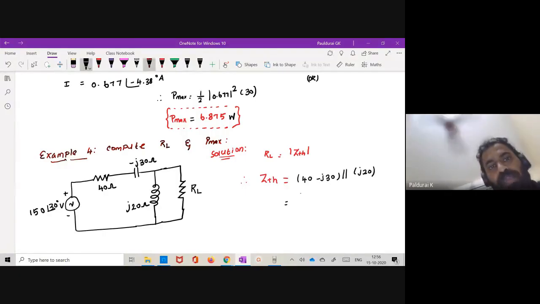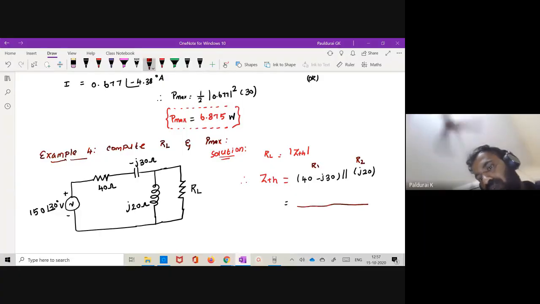So R1 parallel with R2, where R1 is 40 minus J30 and R2 is J20, divided by R1 plus R2. It will give you 40 minus J10. What is my ZTH? Anyone?